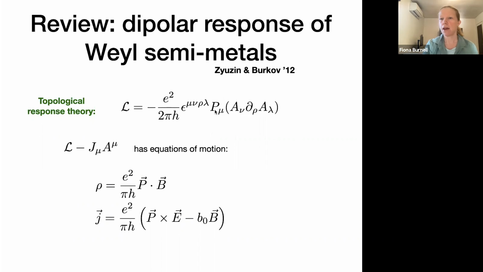It looks like this dipole vector crossed into a Chern-Simons theory perpendicular to the dipole vector. If I take this action and subtract J mu A mu, your standard coupling of your gauge field to currents, that will give you exactly the equations of motion.